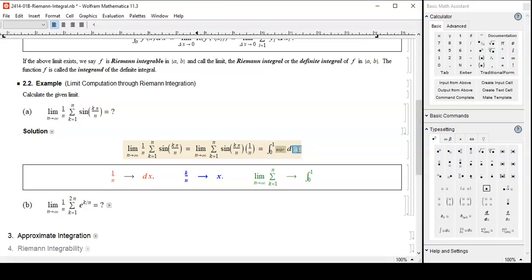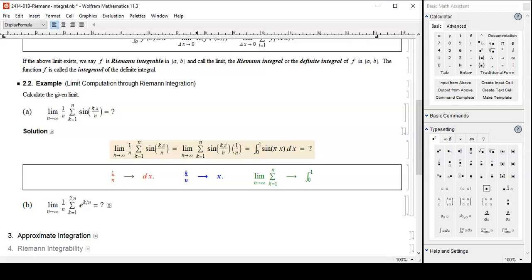And this is dx. And then that is going to be my f of x, where k over n is x, so pi will stay as before. There you go. Make sense?